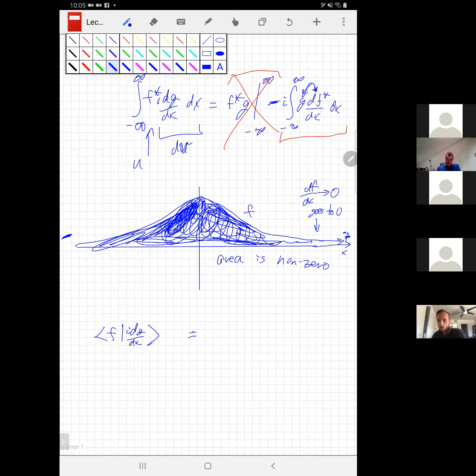And on the right side, we've got the inner product of minus i df star dx with g. And really I should be writing just f there, because it's always the function in the first position that gets complex conjugated.